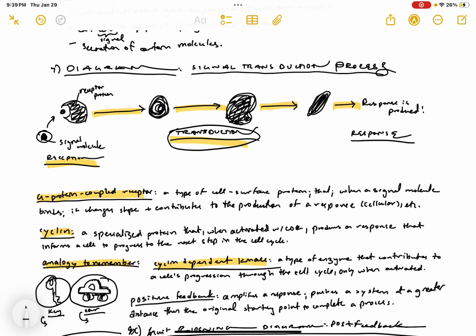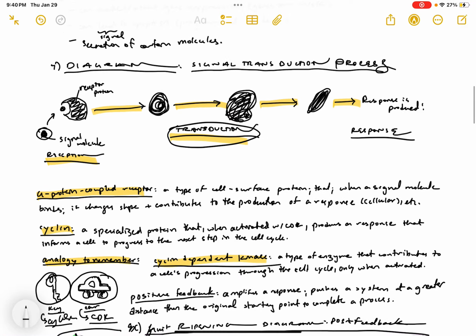We can't open the car's doors or drive the car without the keys. In the same way, cyclin-dependent kinase cannot function within the cellular process without cyclin. So the key is cyclin and the car is CDK. That's an easy analogy to remember and visualize.